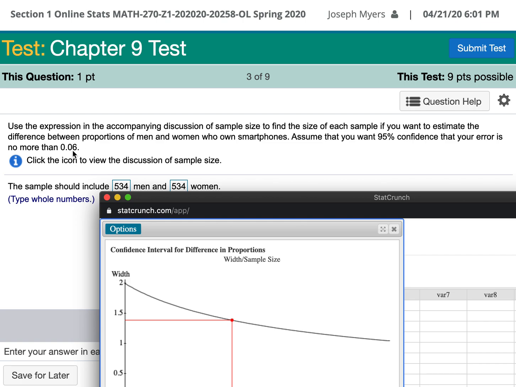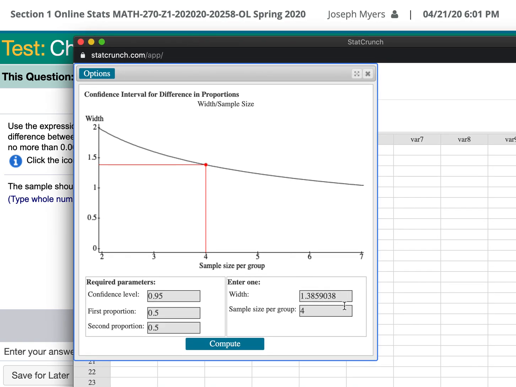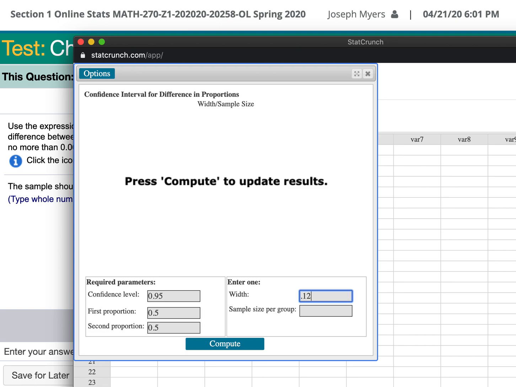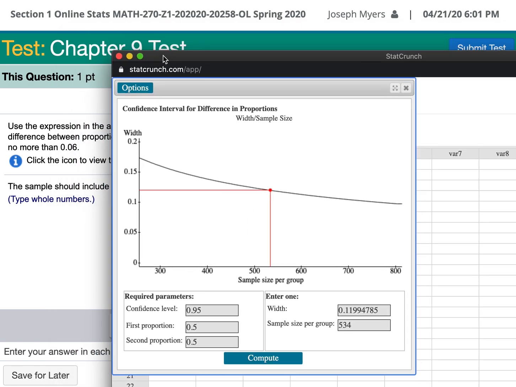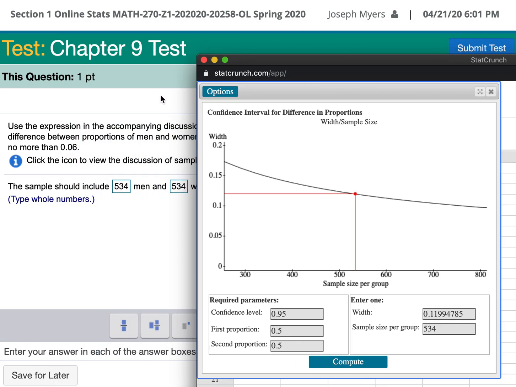So the total width is twice the margin of error. So twice 0.06 would be 0.12. So you could type 0.12 into this, and then you click Compute, and you'll get 534 people in each group. It's a sample of 2 groups, so there's 534 in each group.